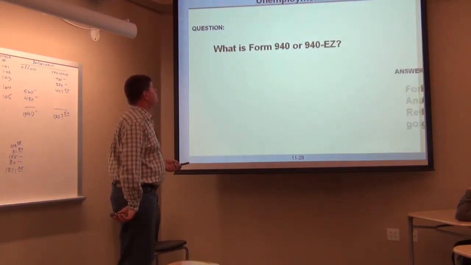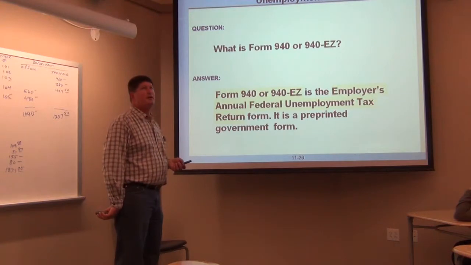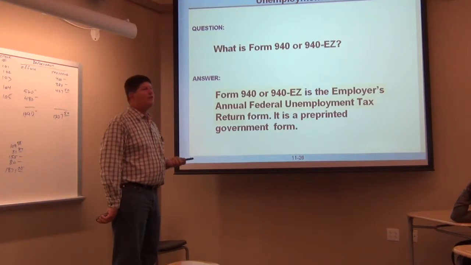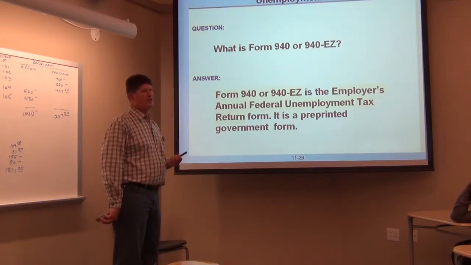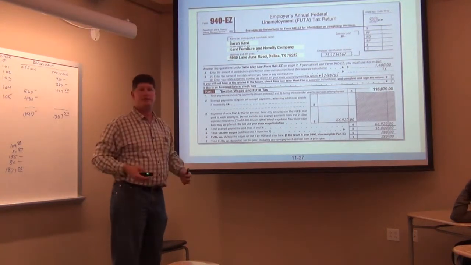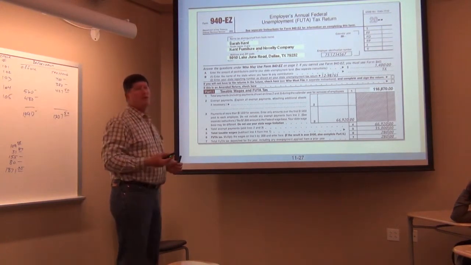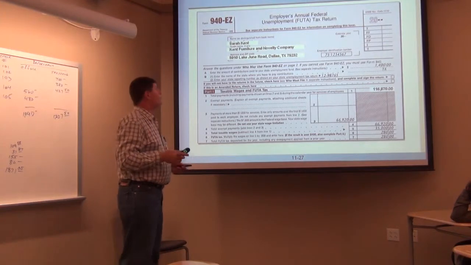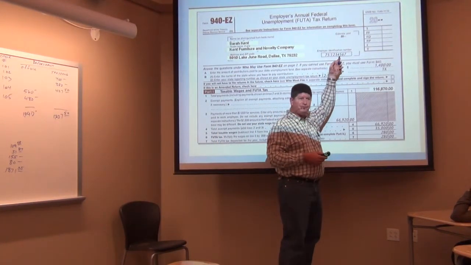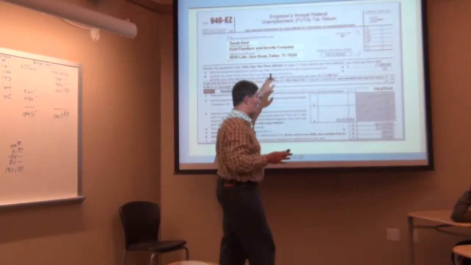Now, there's a 940 and a 940 EZ. If you're an employer in only one state, you can use an EZ, and it's a one-page form, and it looks like this. Here's the 940 EZ. You're an employer in only one state. Who are you? What's your number? Typical government form, right?